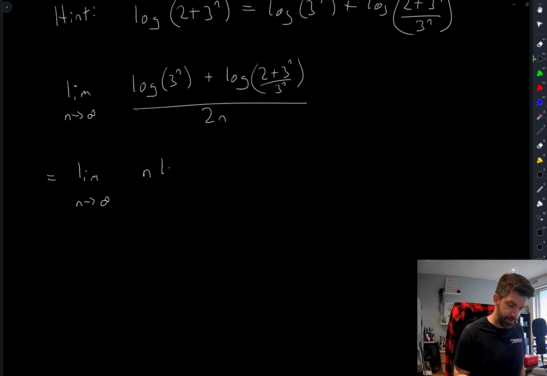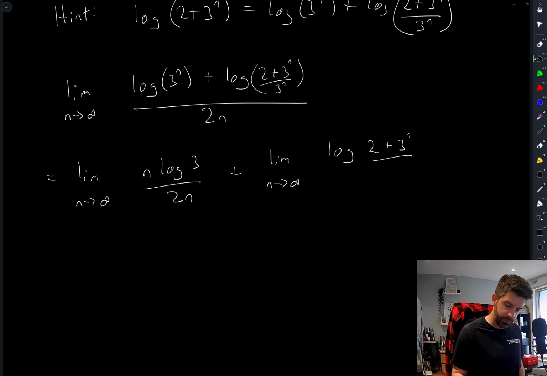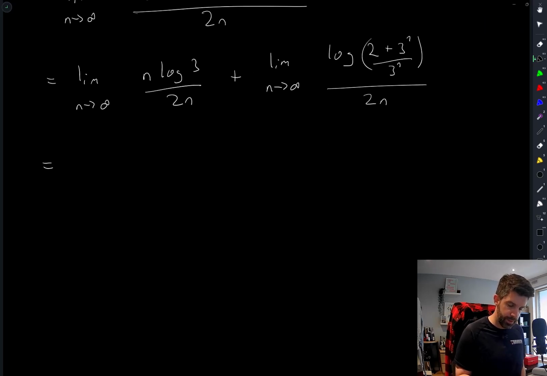So this is n log 3 divided by 2n plus, I'm going to write this as a sum of limits. I suppose technically we would have to check that at the end of all this the individual limits make sense, but that will be the case here. Okay, so this first limit, n cancels in the numerator and denominator, so I'm left with log 3 divided by 2.